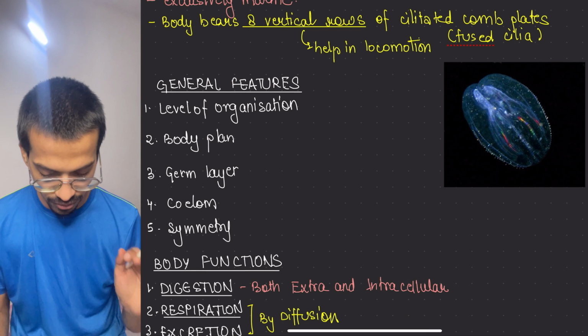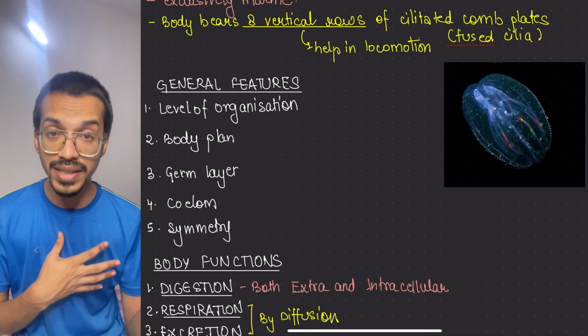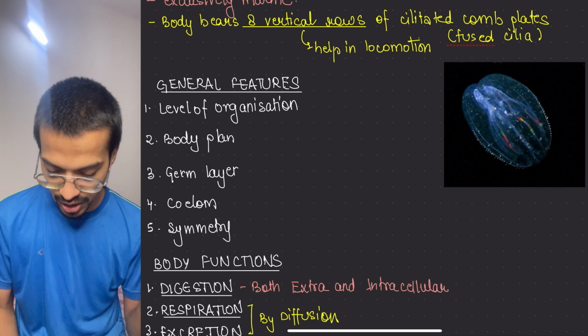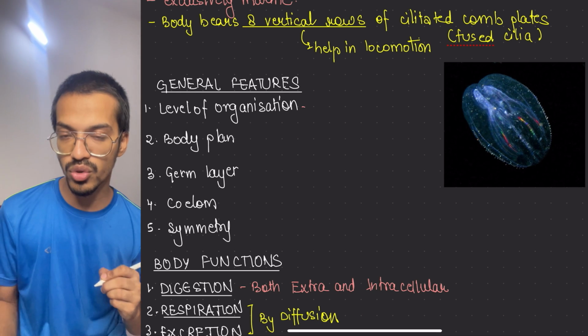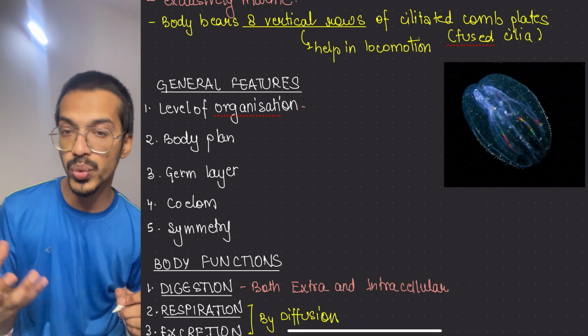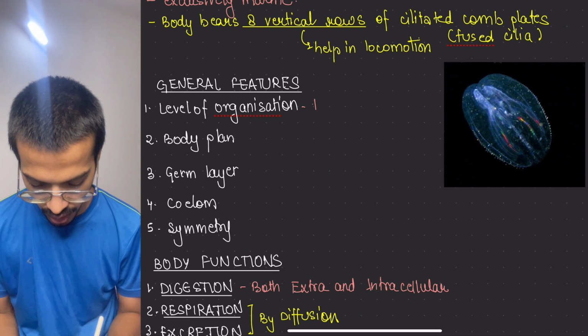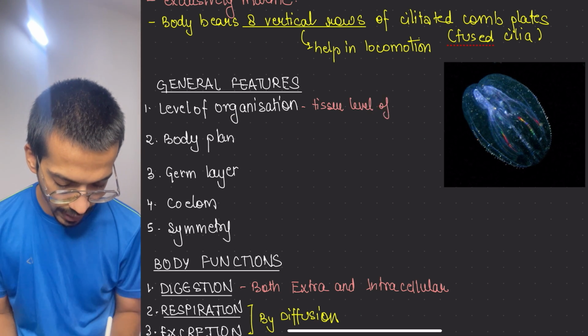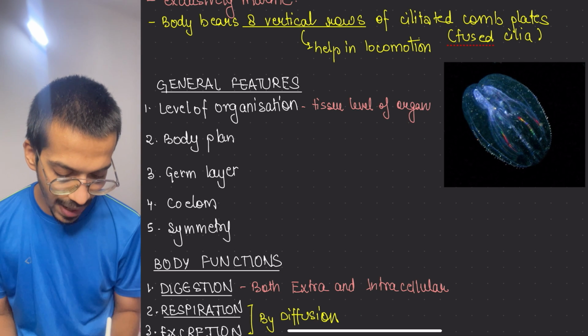Now their general features, which we have already discussed, we are going to write one by one and recall. Level of organization: is it cellular or tissue? It is a tissue level of organization. Next is body plan.